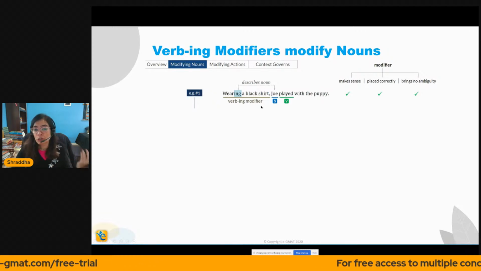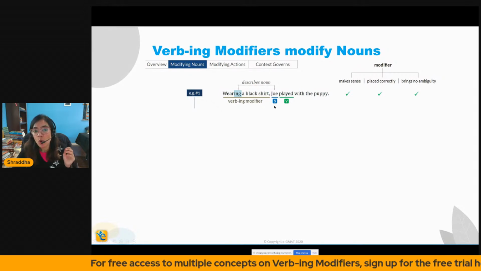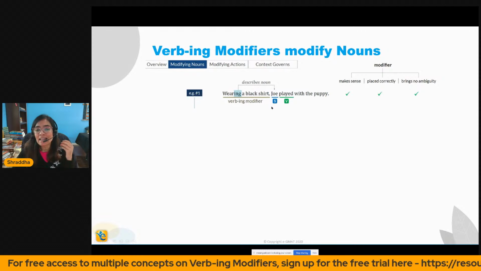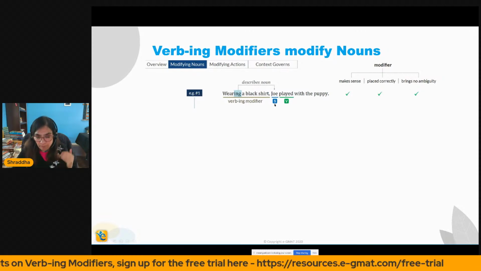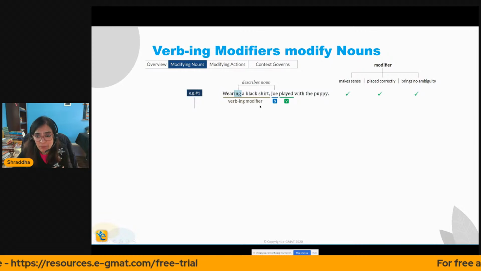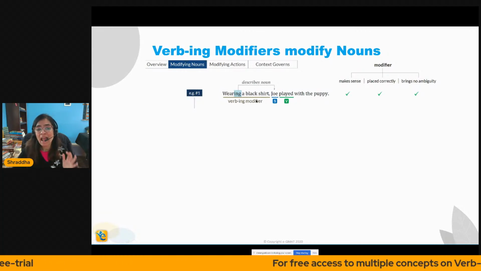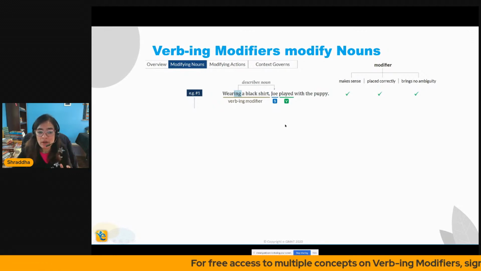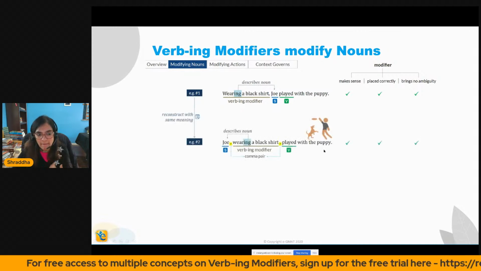It could be a blue shirt, no shirt, white shirt, yellow shirt, whatever, right? So we understand that wearing a black shirt is only presenting some extra information about Joe. When he was playing with the puppy at that time, he was wearing a black shirt. So the meaning is absolutely clear. It is placed correctly. There is no problem with the placement, and there is no ambiguity whatsoever in this sentence as to what wearing is talking about.